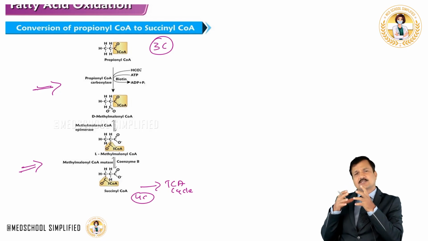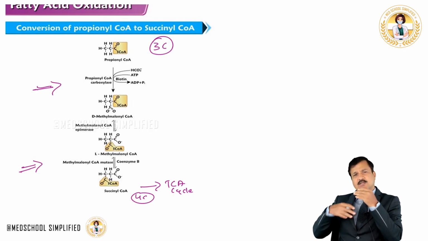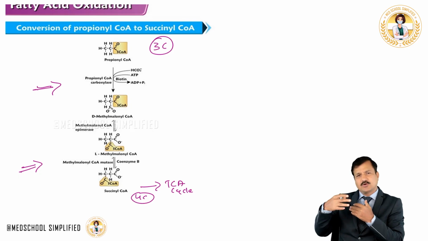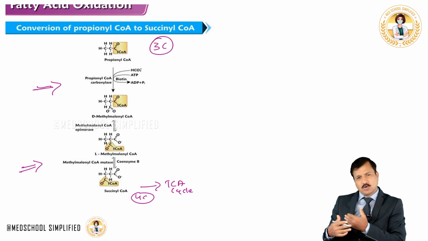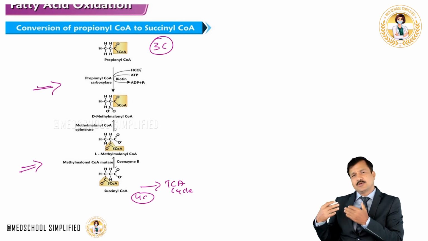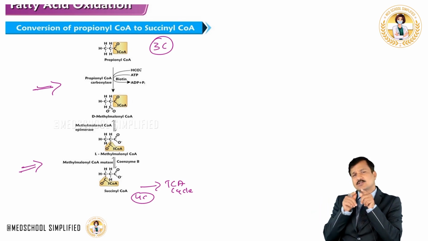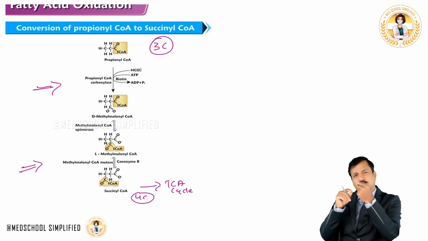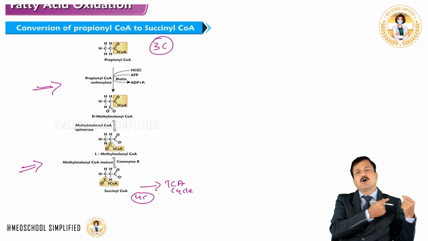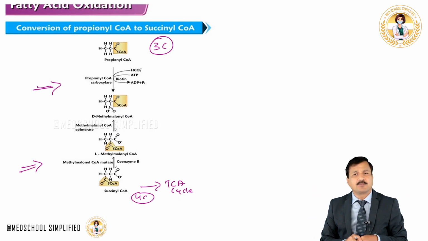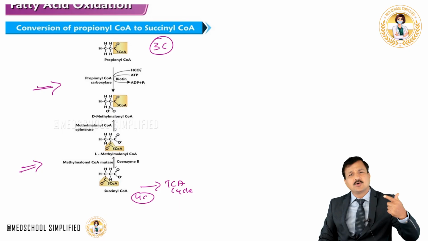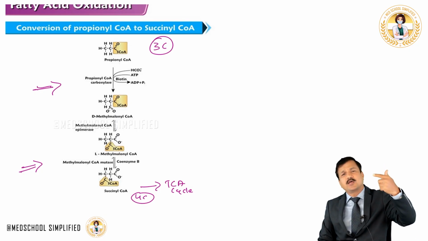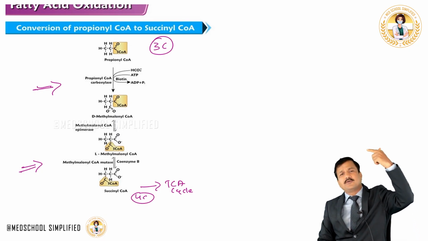And in cases like when the person is in a fasting condition, if the gluconeogenesis process is going on and the cell needs glucose, as I have explained in the gluconeogenesis lecture, the succinyl-CoA going into the TCA cycle becomes succinate, fumarate, then malate. Malate can move out of mitochondria into the cytoplasm, be converted back into oxaloacetate, phosphoenolpyruvate, and go all the way to glucose.